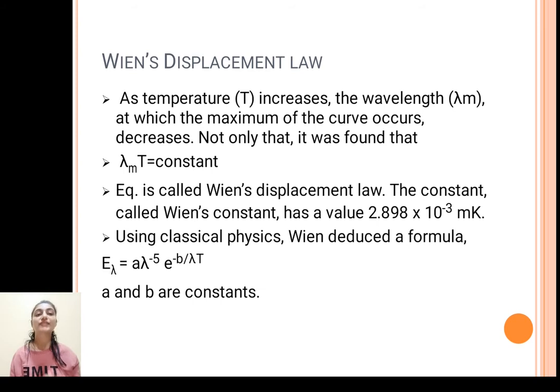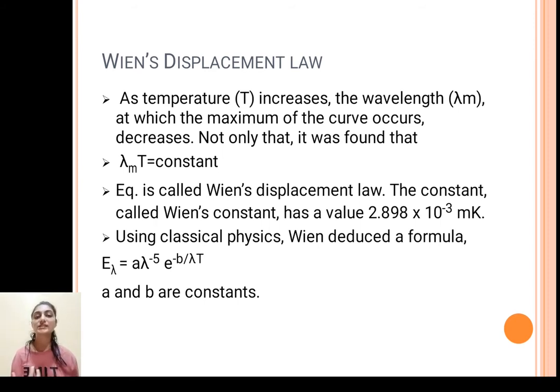Not only that, it was found that lambda m into T equals a constant, that is, the product of wavelength and temperature is constant. This equation is called Wien's displacement law, and that constant is called Wien constant, and it has a value 2.898 into 10 raised to minus 3 meter Kelvin.